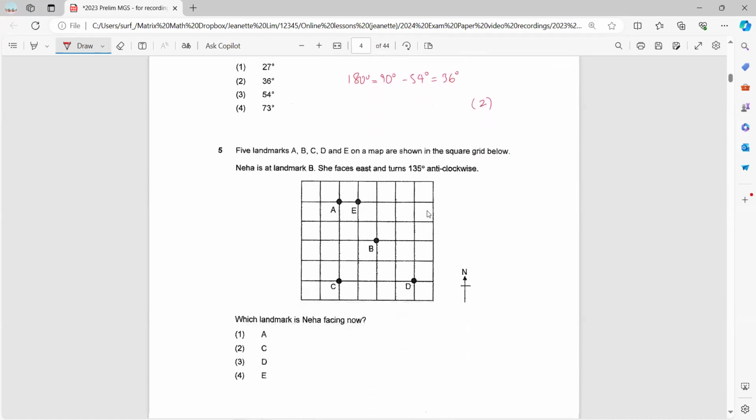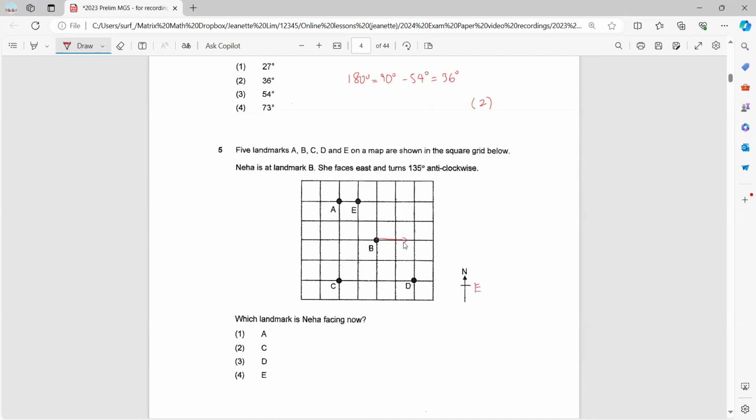In question 5, 5 landmarks A, B, C, D, and E are on the map as shown in this square grid here. Neha is at landmark B. She faces east and turns 135 degrees anti-clockwise. So where is she facing now? East is here.